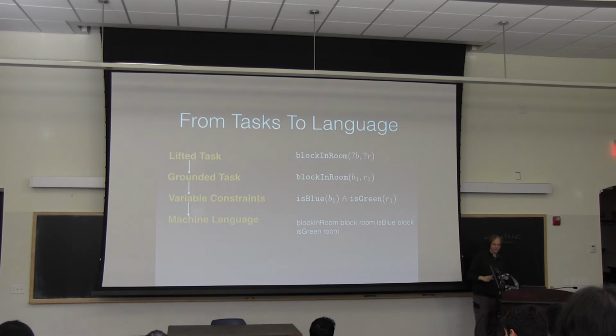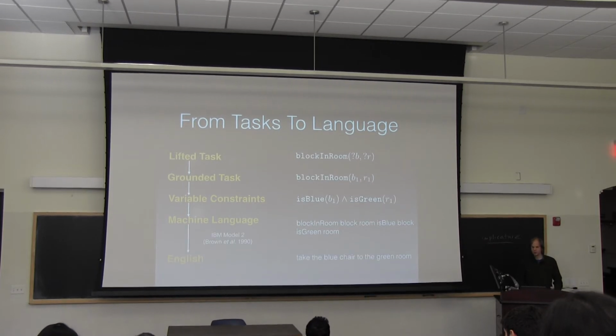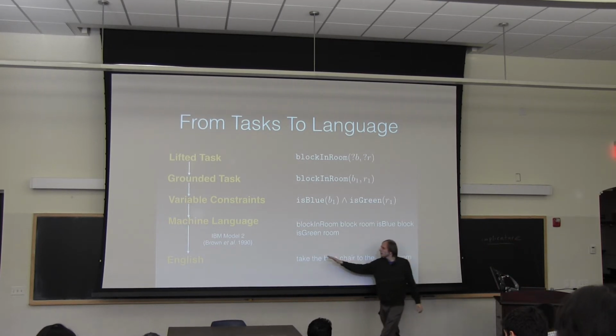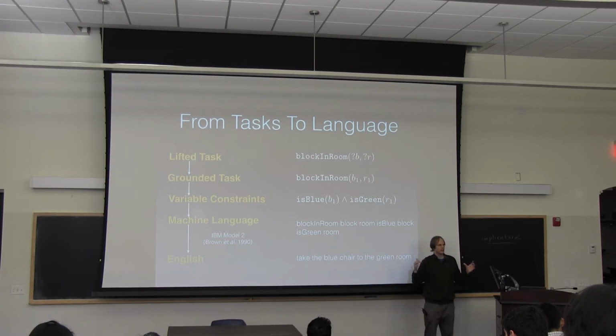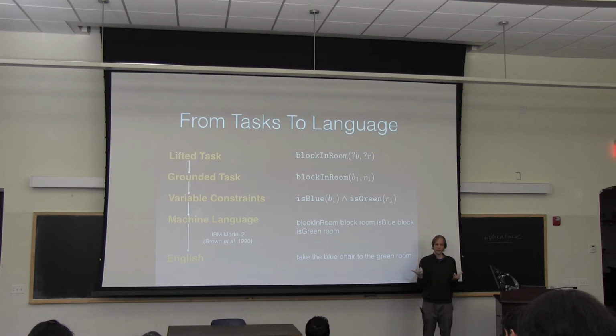It's a machine language sentence. It's not very grammatical, but it's a sentence in machine language. Once we have this, we can imagine doing some translation from that to English, right? So we have some generative model. We're going to be using IBM Model 2, which is a classic machine translation model. That's like saying, I have French and I have English. If I give you a French sentence, can you figure out what the English is?